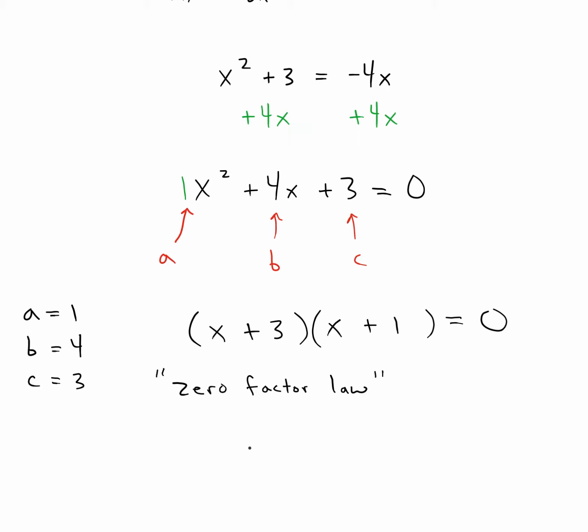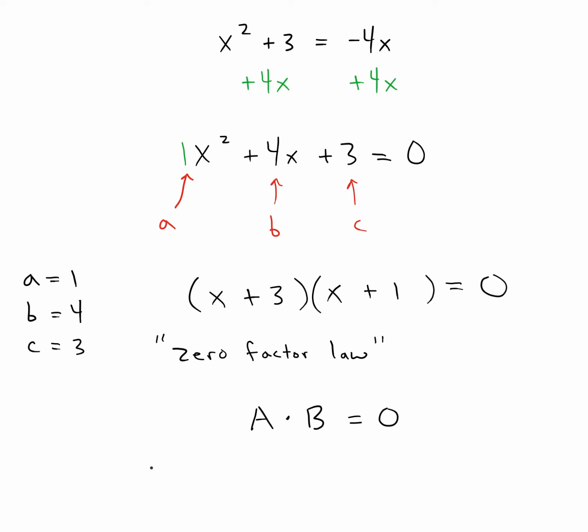The zero factor law says that whenever two things are being multiplied and the result is 0, then logically it must be that either the one factor is 0 or the other is. So either a is 0 or b is 0. That's the only way we could get a product of 0, is if one of those or both were 0.